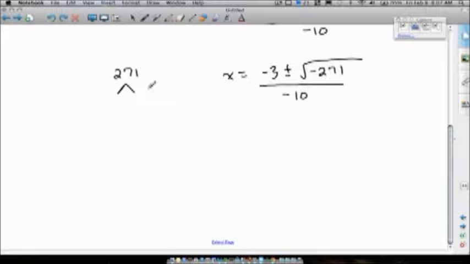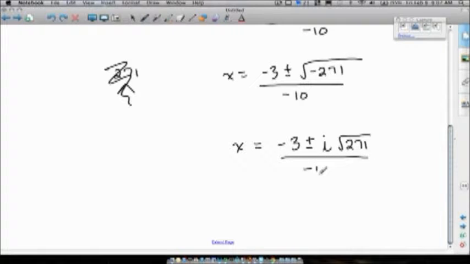Let's see, is 271 divisible by 7? I don't think it is, I think it's a prime number. I could be wrong, but let's just say it is. It will not break down, I don't think. So our final answer: -3 plus or minus, pull out the i, and then you have the square root of 271, all over -10.